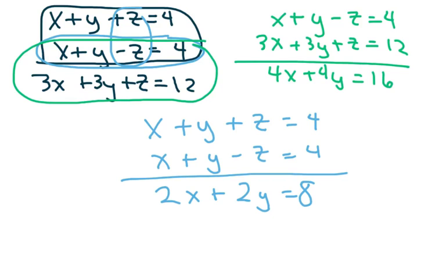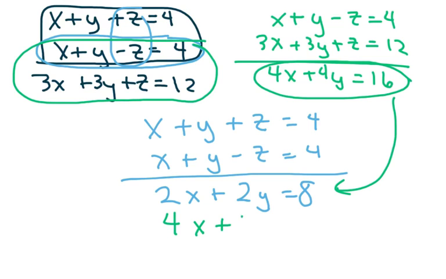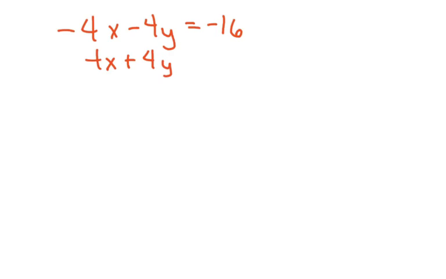Now, I have to solve for x and y, so what I'm going to do is bring this one down. 4x plus 4y equals 16. Now, when I multiply this one by negative 2, we're going to get negative 4x minus 4y equals negative 16, and 4x plus 4y equals 16.